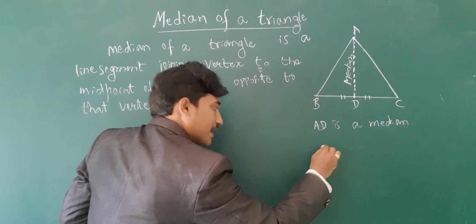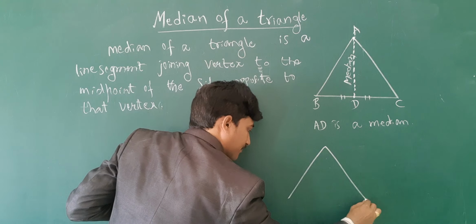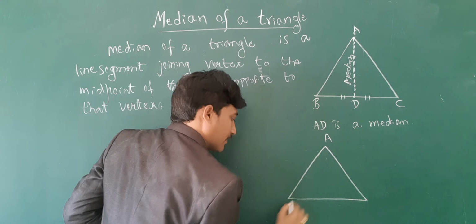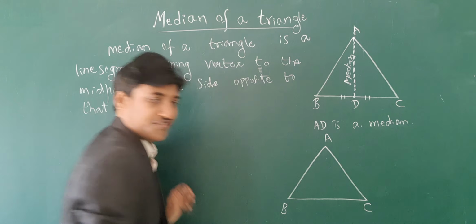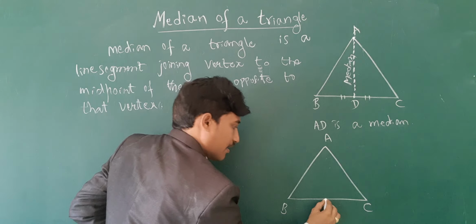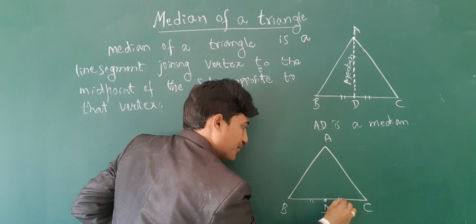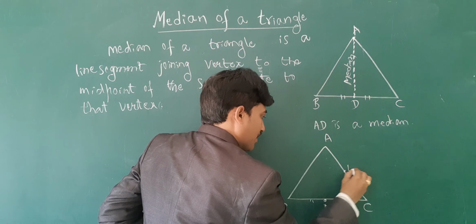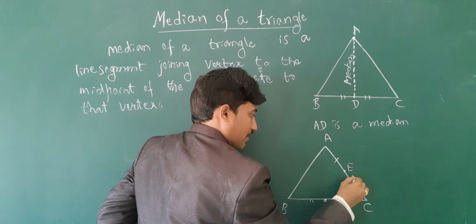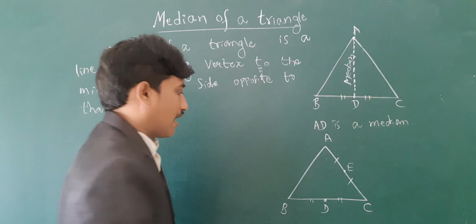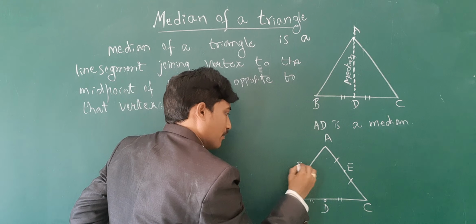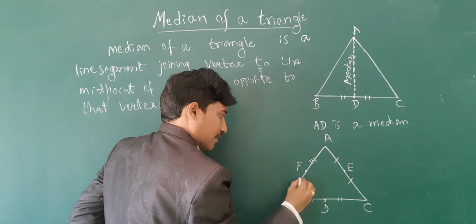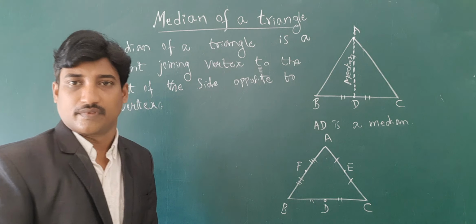Now, I am taking triangle ABC. In triangle ABC, D is the midpoint of BC, E is the midpoint of AC, and F is the midpoint of AB.